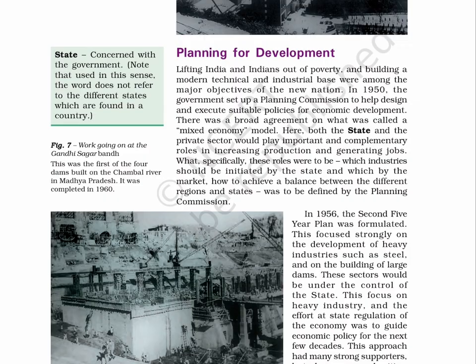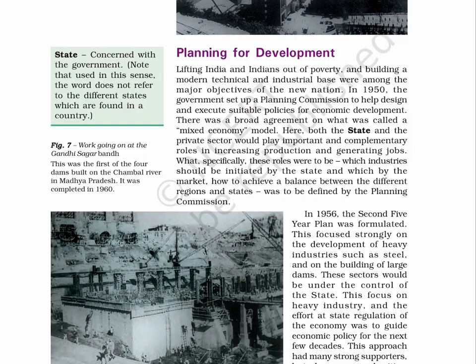Here, both the state and the private sector would play important and complementary roles in increasing production and generating jobs. What specifically these roles were to be, which industries should be initiated by the state and which by the market, how to achieve a balance between the different regions and states was to be defined by the Planning Commission.